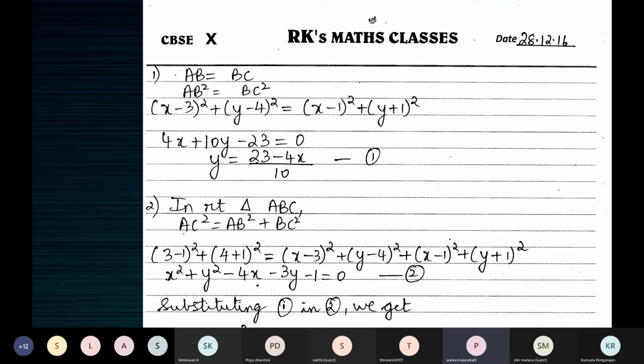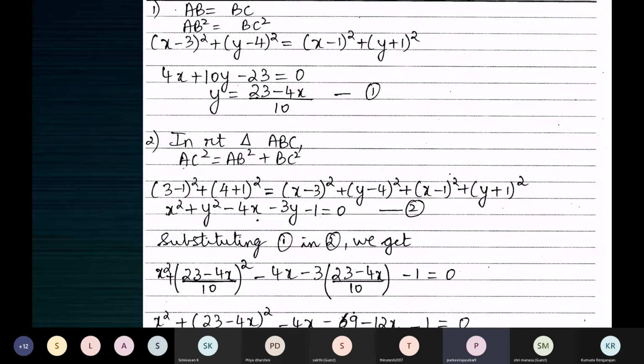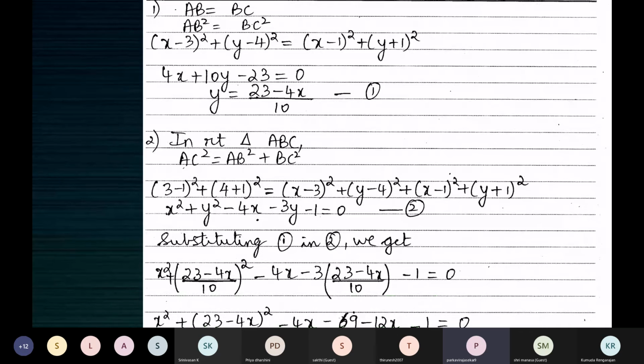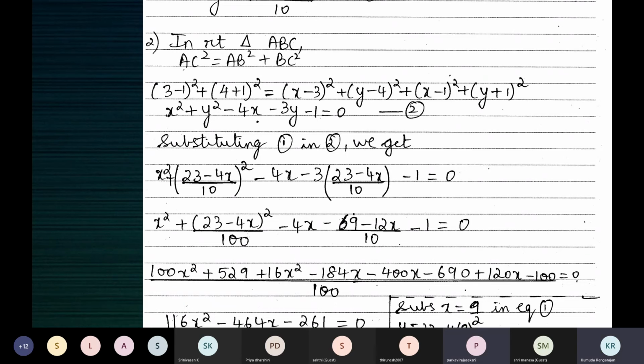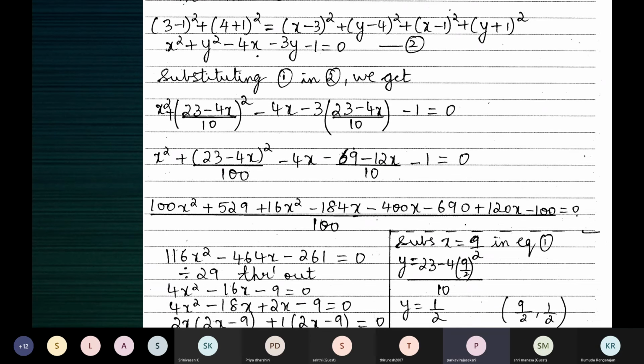Ma'am, in y equal to (23 minus 4x) by 10, ma'am. But you have written as, substituting when x is 9 by 2, you have written that 23 minus 4x square, ma'am.